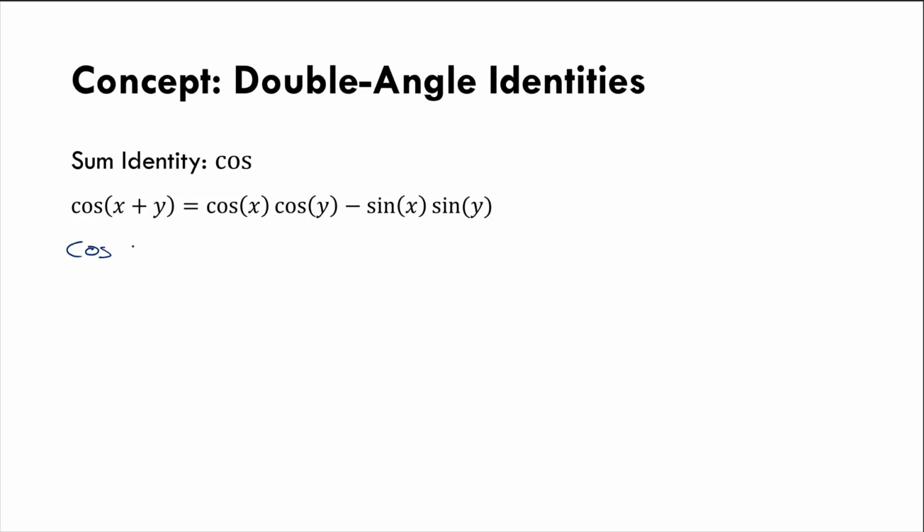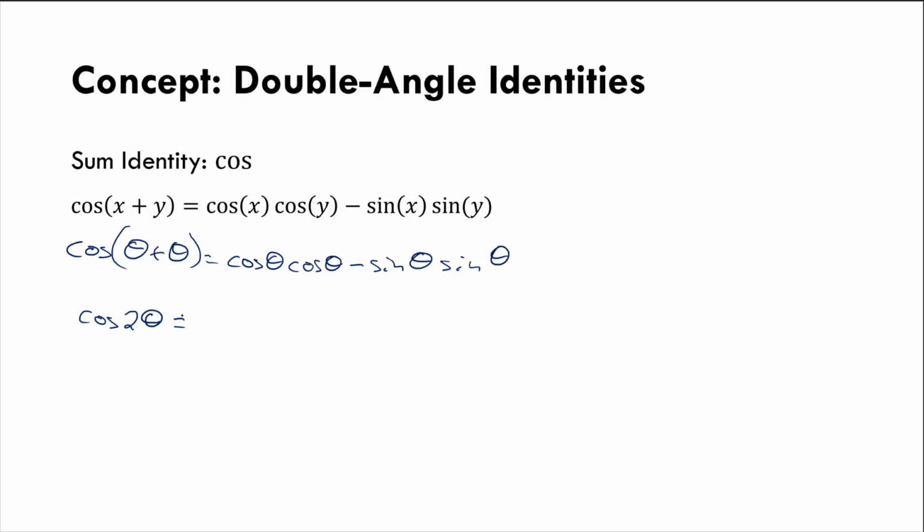So this will be cosine of theta plus theta, which is just cosine of 2 theta on our left-hand side. Then on the right we have cosine of theta times cosine of theta minus sine of theta times sine of theta.